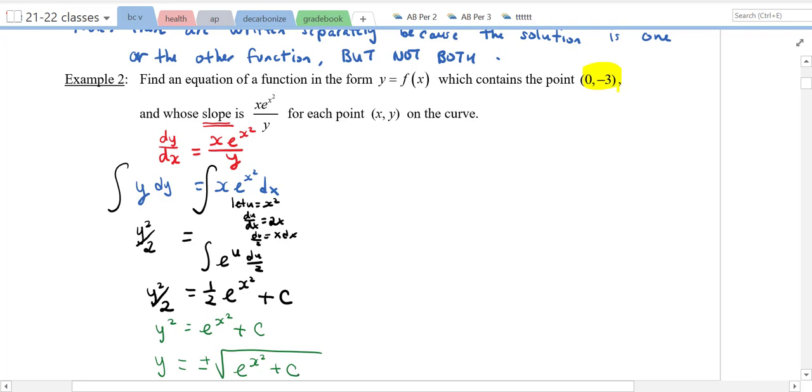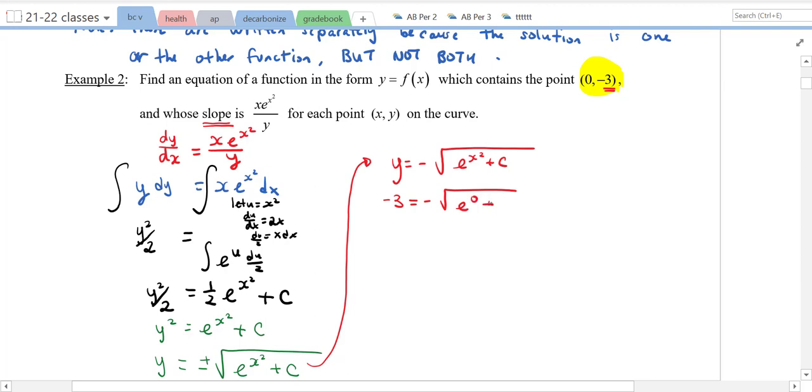But you can't quote both of those answers for me. No, that's no good. Looking at the thing that I highlighted, do you see that the y value here is negative? So do you know which one I should actually take? Yeah, you're right. I should just take the negative root. And if I do that and plug in the values, you should be able to solve for c.